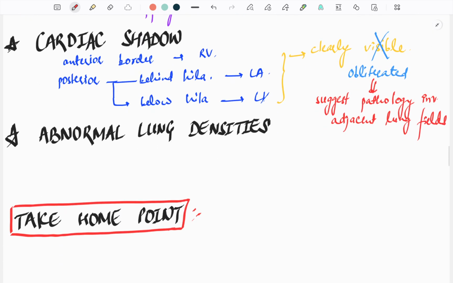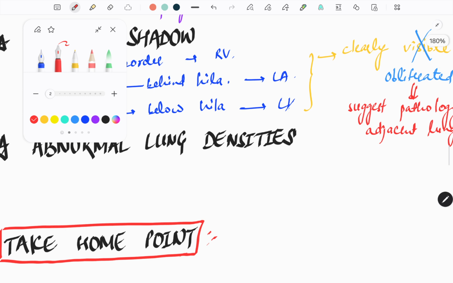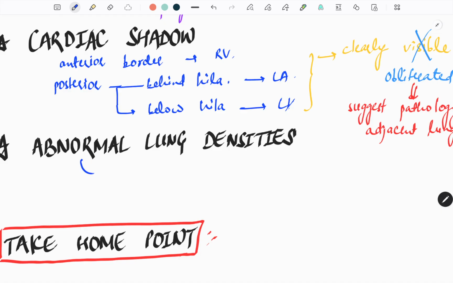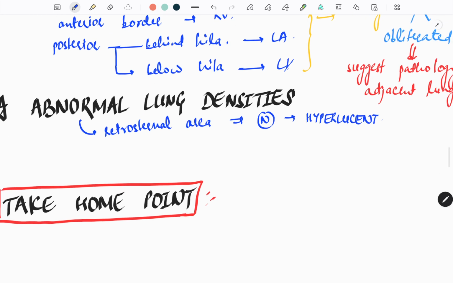And at last, we should look for any abnormal density throughout the lateral chest X-ray. Like where? Any abnormal lung density, like in the retrosternal area. Normally it should be hyperlucent. Then we should carefully look at the retrocardiac area.